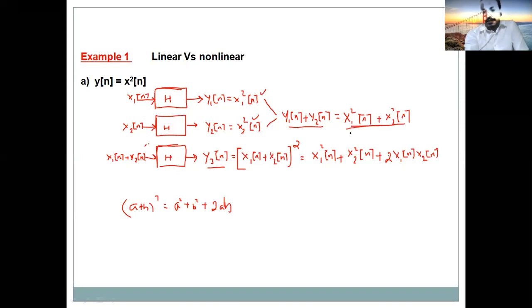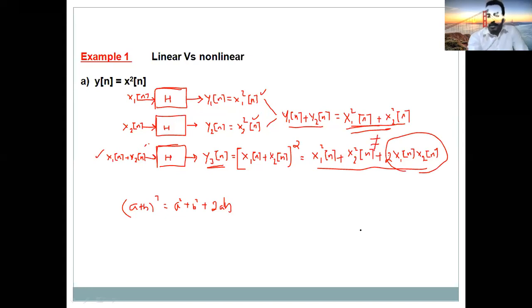This is the summation of the individual outputs, y1 plus y2. Now, when you apply the two inputs as a summation, in this case number 3, when you add the inputs and give it to the system, it generates y3. What is y3? The square of the inputs. We get it here. Now compare the two. In this case, this is x1 square of n plus x2 square of n. But in this case, there is an additional term here. Are they equal? No, they are not equal.